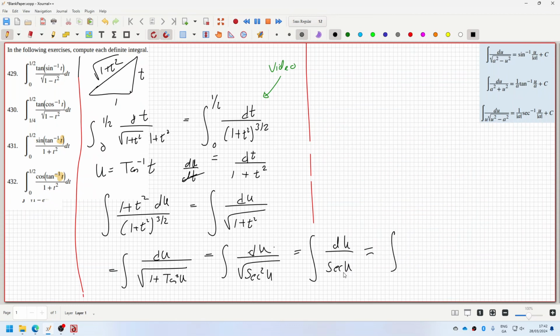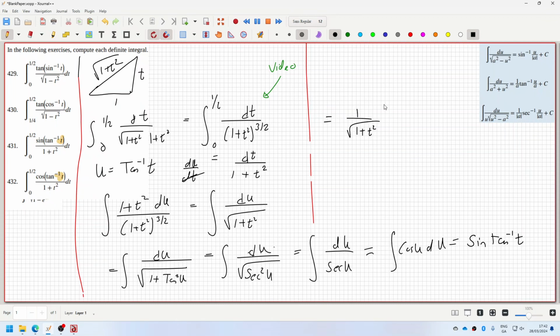1 over sec is cos u du. So that is sine u, and sine u is sine of tan inverse t, which is t over root 1 plus t squared.